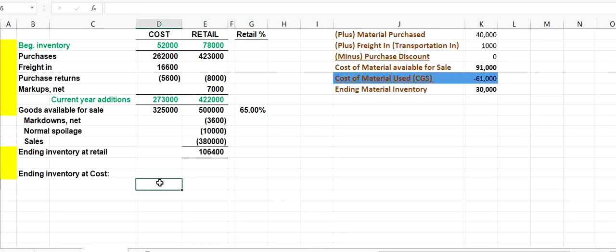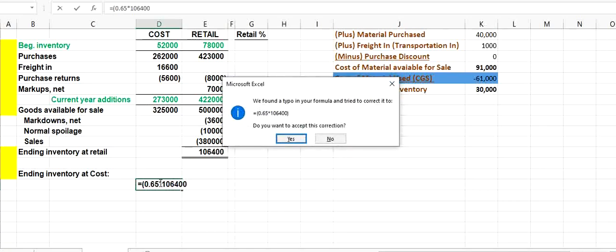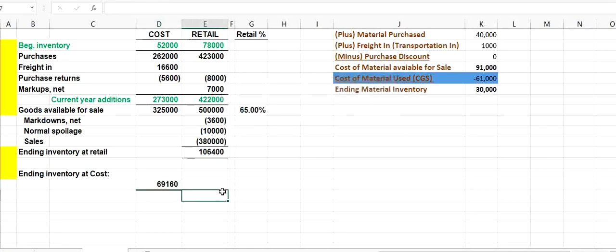So if you want to calculate that, we will multiply 65%, which is 0.65, by 1,06,400. So we will get our value here, which is $69,160. So this is the cost of ending inventory that will be shifted to the balance sheet.